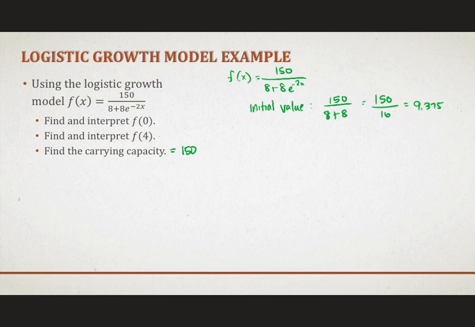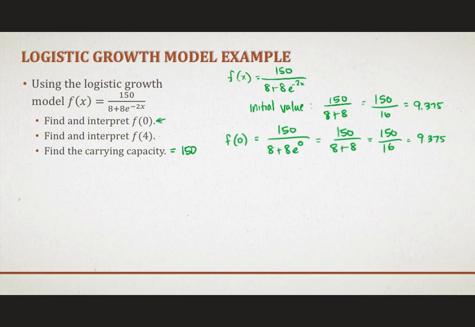Now that's based on the previous slide. So let's look at f of 0. So 150 over 8 plus 8 times e to the negative 2 times 0, which is 0. So I have 8 plus 8, because e to the 0 is 1. And that ends up being exactly what we just found, 9.375.